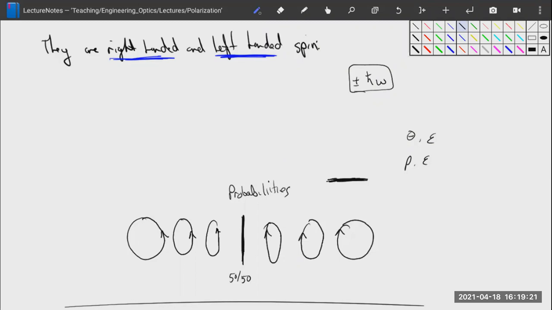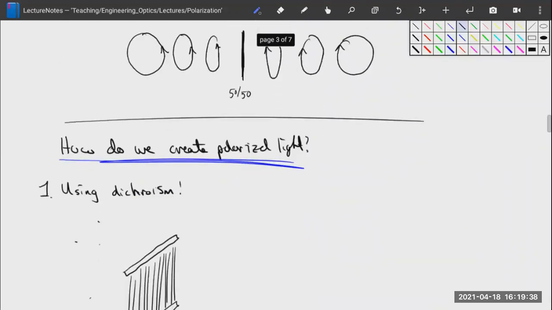And the modern explanation really breaks down in terms of giving you a way of physically understanding what's going on. So yeah, okay, that's the modern explanation of polarization. We're not going to mathematically go into it, and in our next video we're going to start going into some methods of creating polarized light.